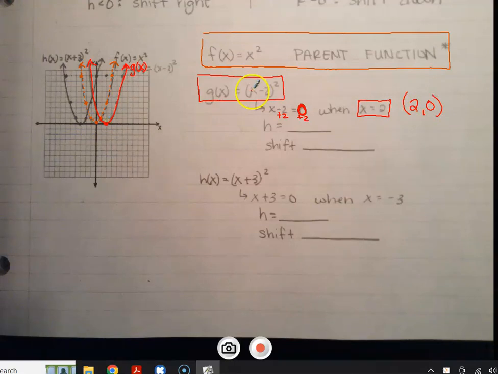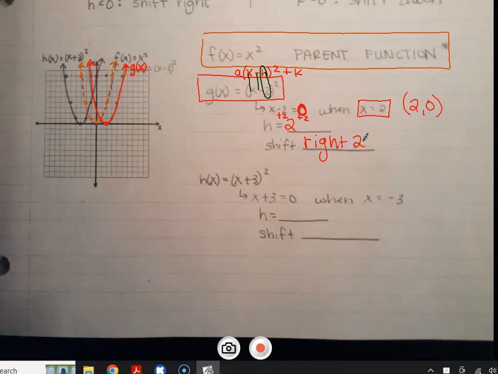All right, so if we look at the formula, x minus 2, remember that in our formula we have a times the quantity x minus h squared plus k. So our h value is what? So we have x, we have a minus, so our h is that positive 2, which means we're shifting our parabola which direction? Excellent, we're shifting it right 2 from the parent function.